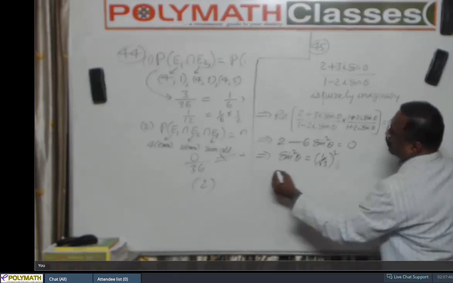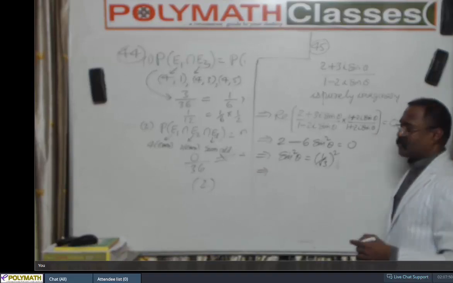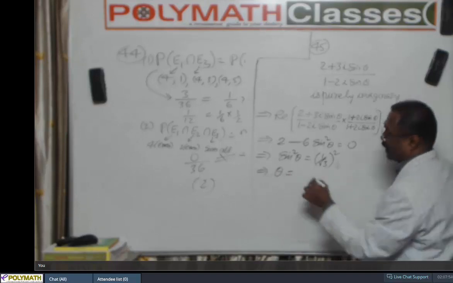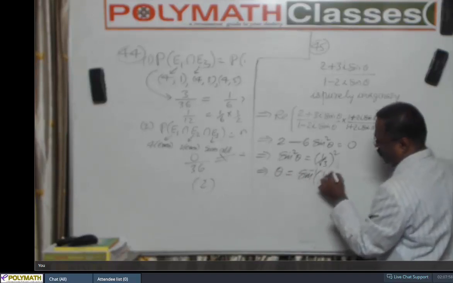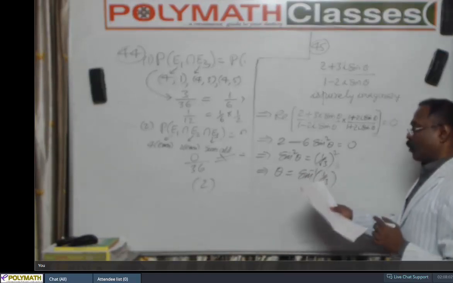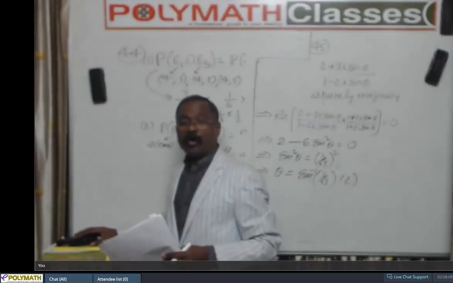If you want to write the general solution, you can, but if you see the options, one of the values is given: theta is equal to sine inverse 1 by root 3. It is option number 2.